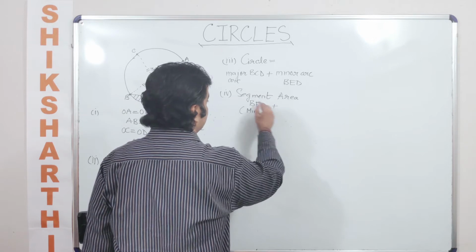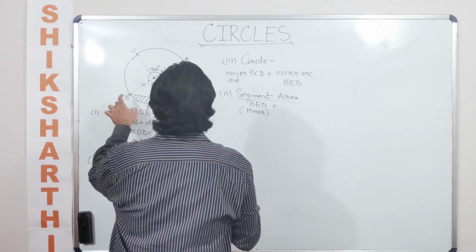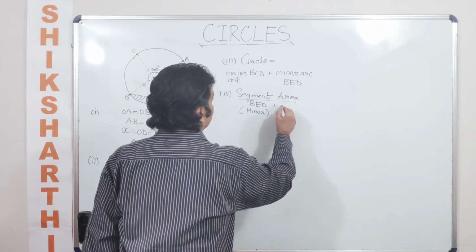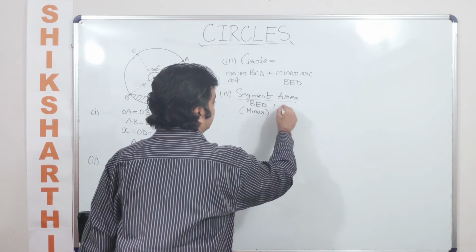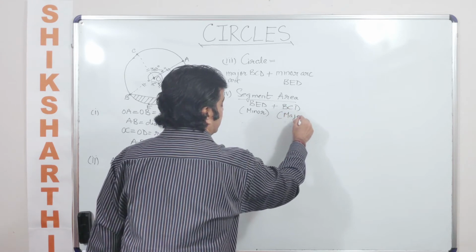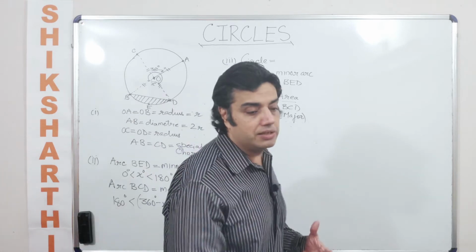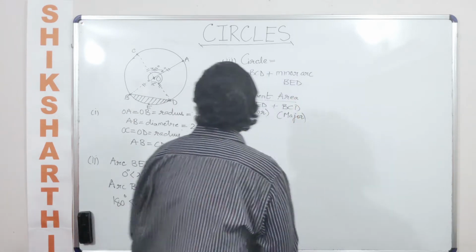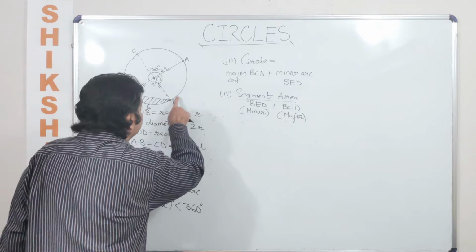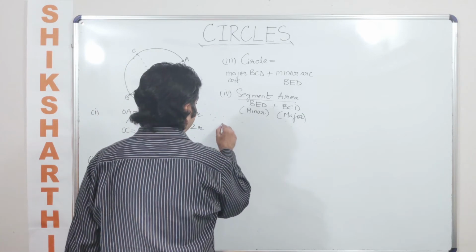So BED is your minor segment, and BAD, or let's say take it as BCD, becomes the major segment. So the major segment and the minor segment give rise to the area, right? If I take all such arcs and combine them, I get the circumference.